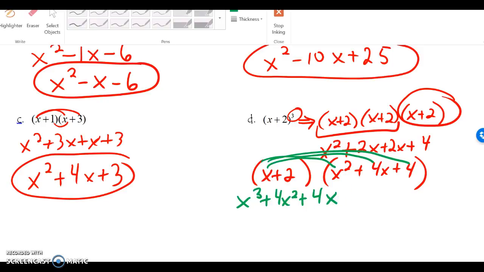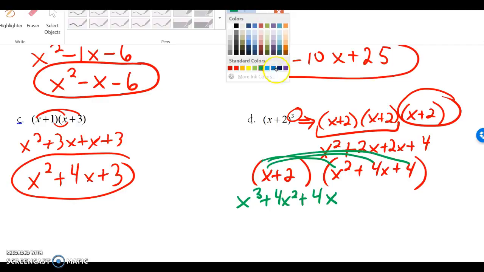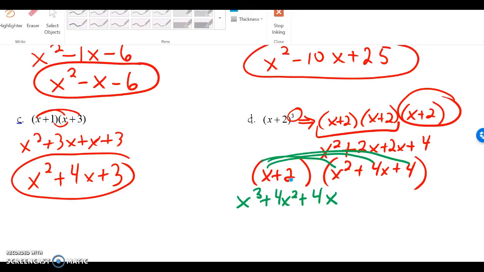Then I have to take the 2 and multiply by everything, and that would result in 2x squared plus 8x plus 8.